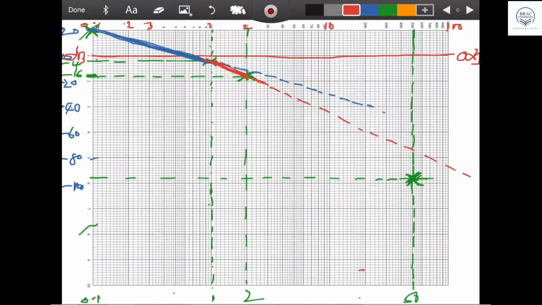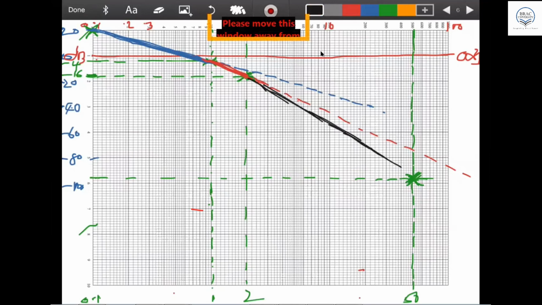This is the red one, extend it in that way, and after that, through the last 2 points you draw a straight black line. Straight away you join the 2 points. Like this, then you complete the 3 points.